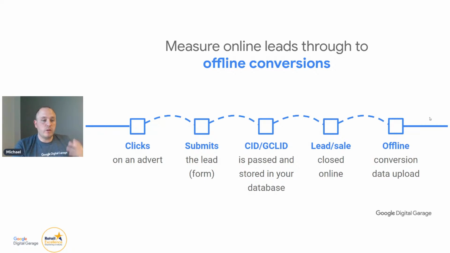All right, it might be that the lead or the sale is entirely closed offline, but what's easy about it, as I said, is using one of the data files such as CSV or an API plugin. You can actually upload offline conversion data to really help you get a better, more informed decision across the success of your Google Ads and your analytics.